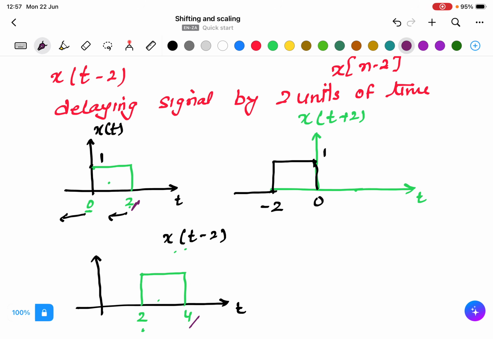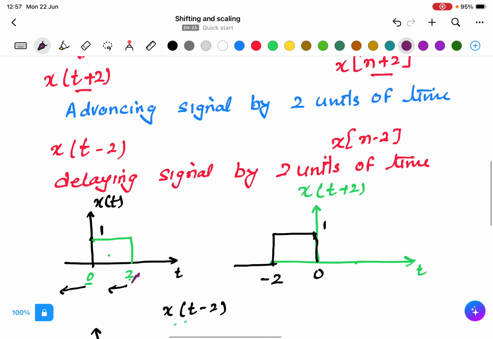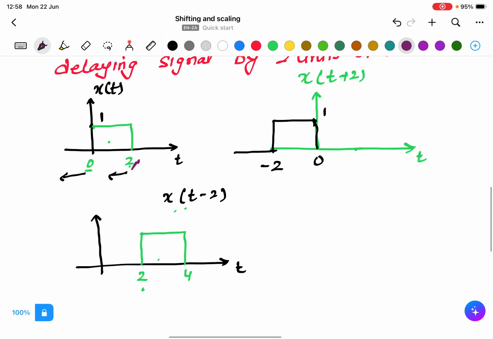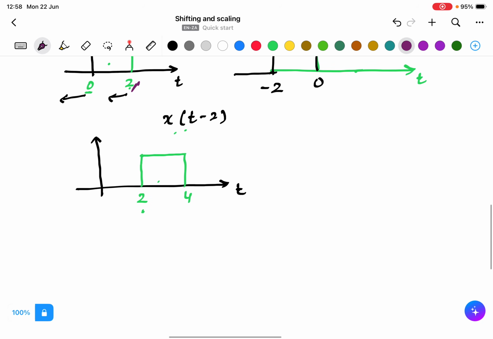Okay, so basically if you see the signal and it's t+2, a positive sign in the bracket, then you are shifting the signal to the left hand side.